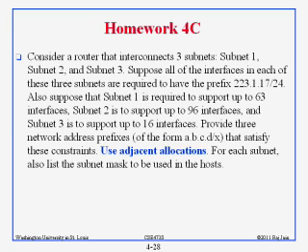All right, so that brings us to the homework for C. Now you have 3 subnets, subnet 1, 2, and 3, and these are the prefixes. This one is 24-bit, that is what the network manager was given.